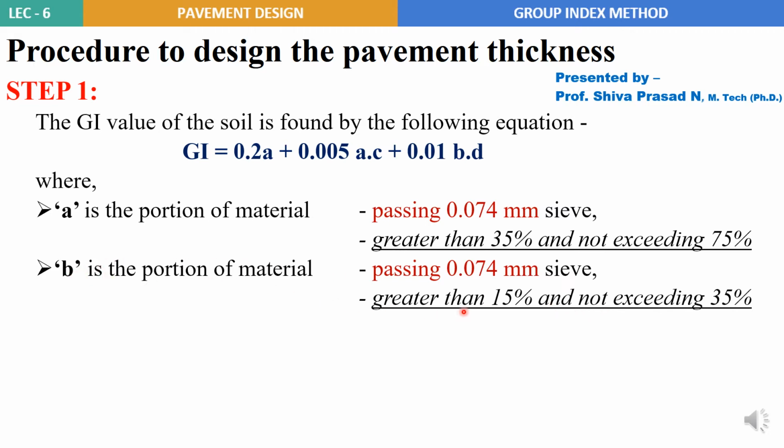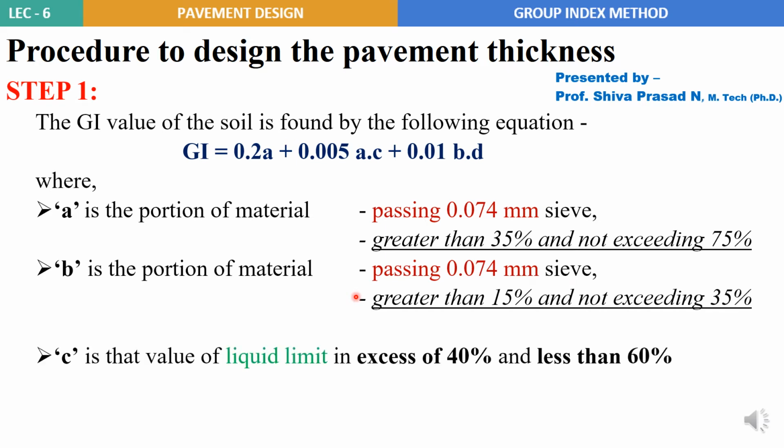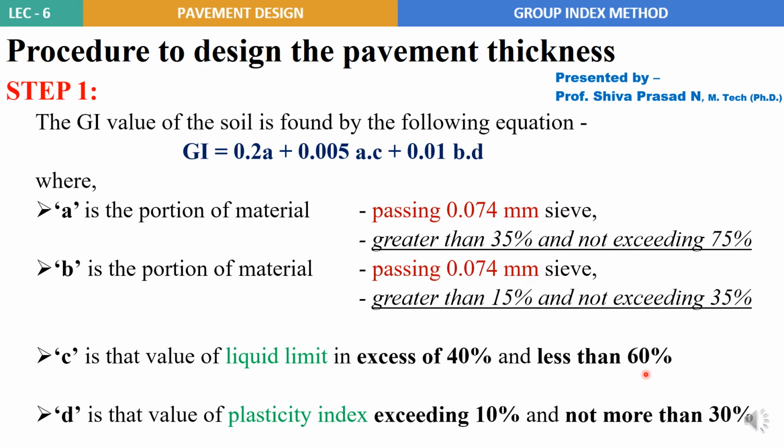Once we take up a practical example, while solving problems, you will understand better how exactly we extract the value of b. Next, c is the value of liquid limit in excess of 40% and less than 60%. And the last, d is the value of plasticity index exceeding 10% and not more than 30%.